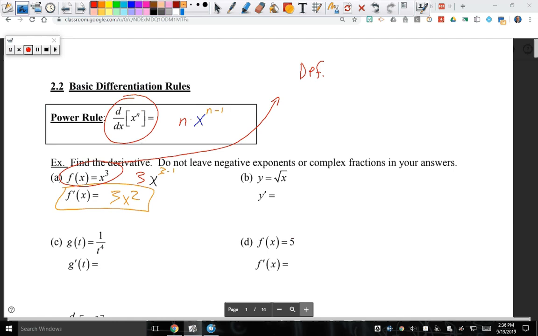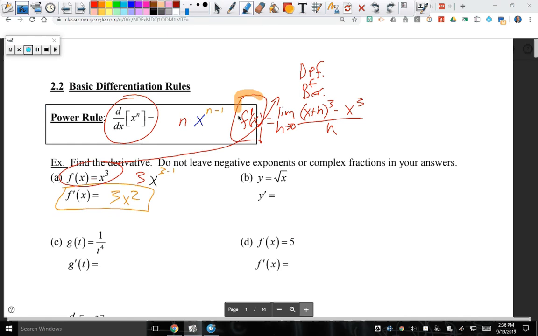Or show me how to get the derivative from all that work of the alternative form of the definition. Okay? So, definition of the derivative would look something like this. (x plus h) cubed minus x cubed all over h as h is approaching 0. This is equal to f prime of x.